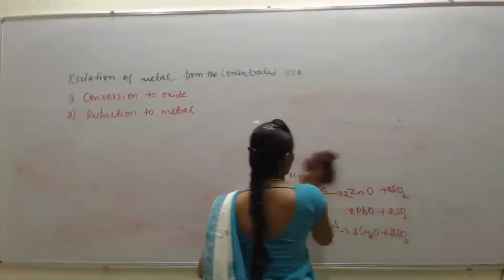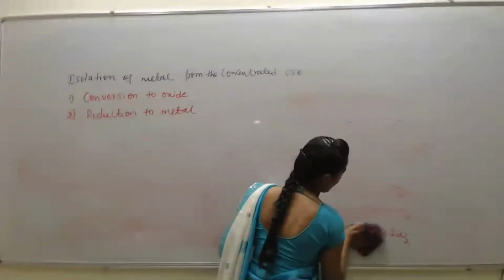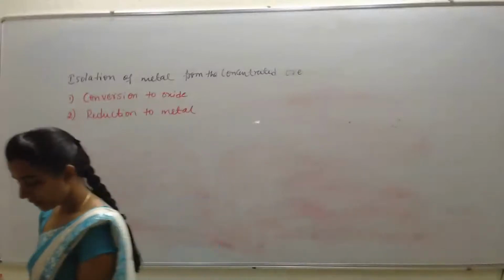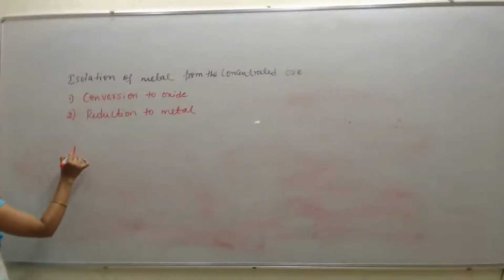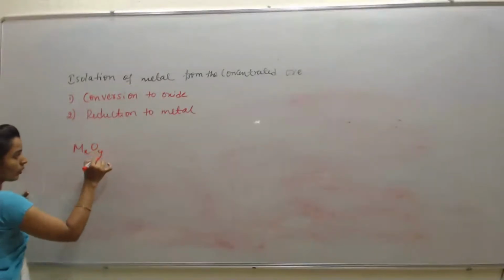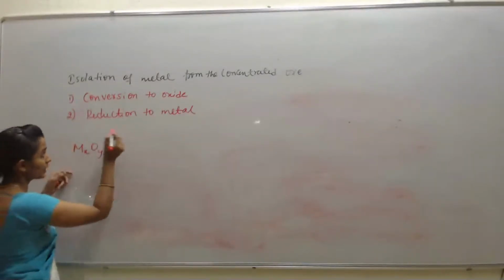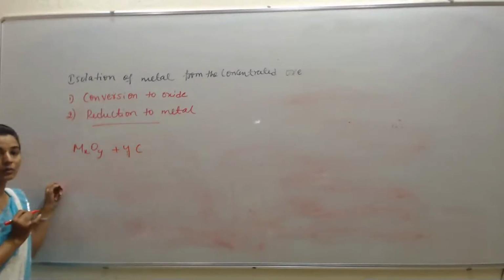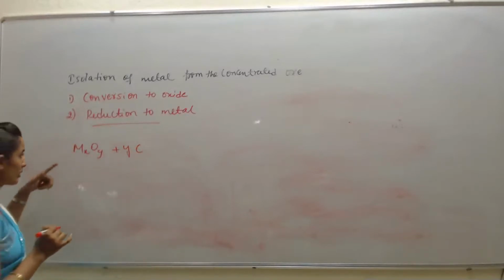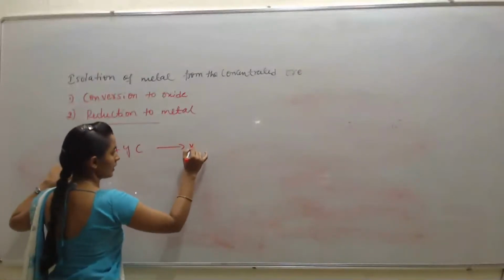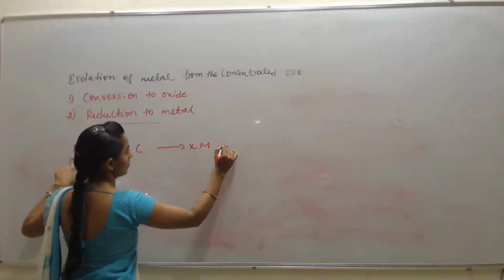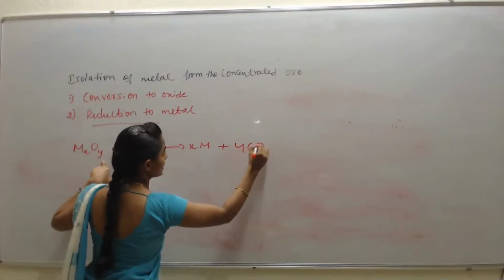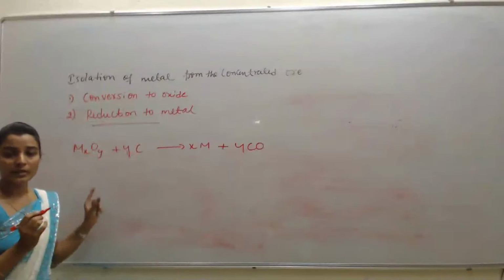Carbon or coke is the best example. So listen, here an MxOy type compound is there. For reduction, y moles of carbon or coke are required, and it forms x moles of M plus yCO. This is the general equation.